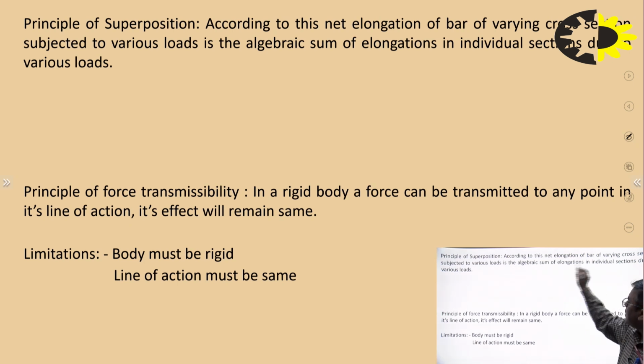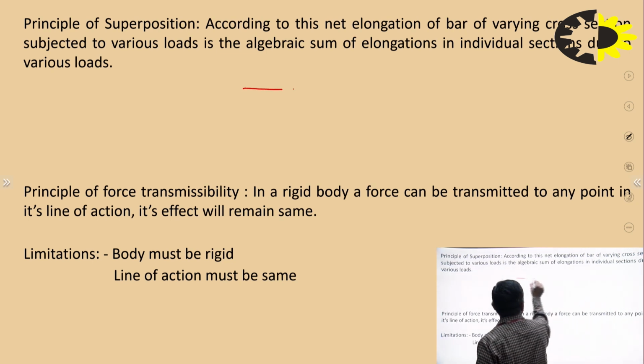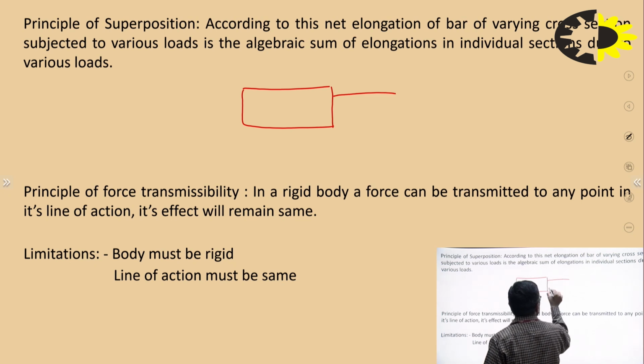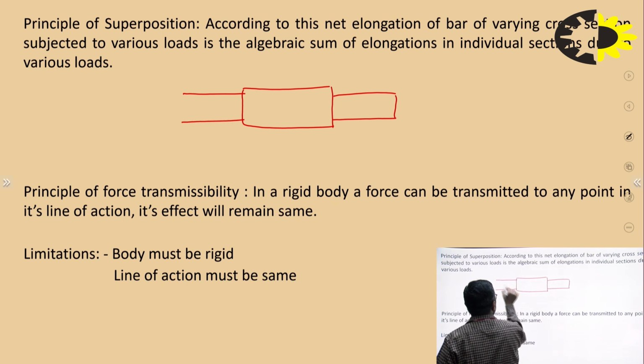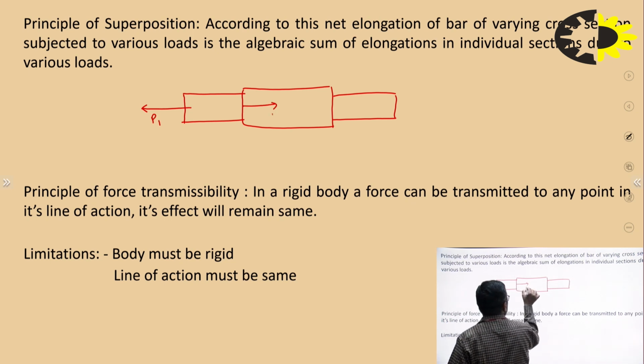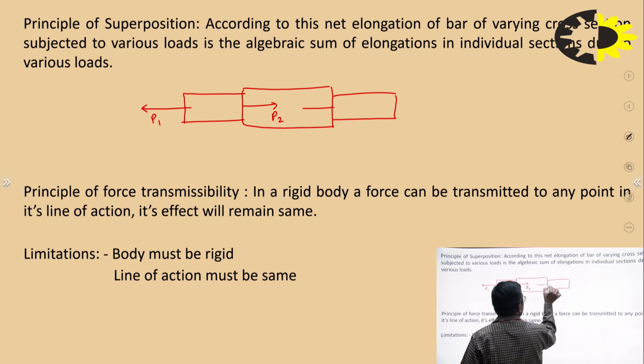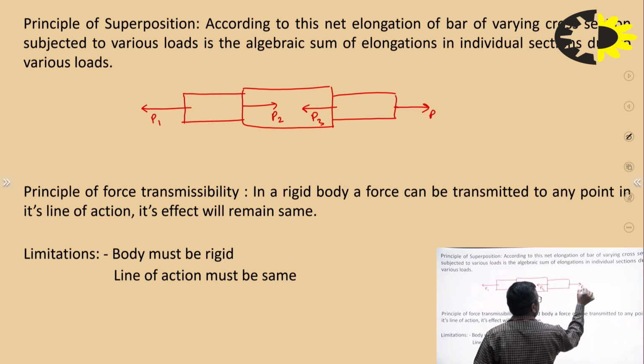So what I am writing here, according to this, is the net elongation of a bar of varying cross section. Let me draw a bar of varying cross section. It is subjected to various loads P1, P2, P3, P4.